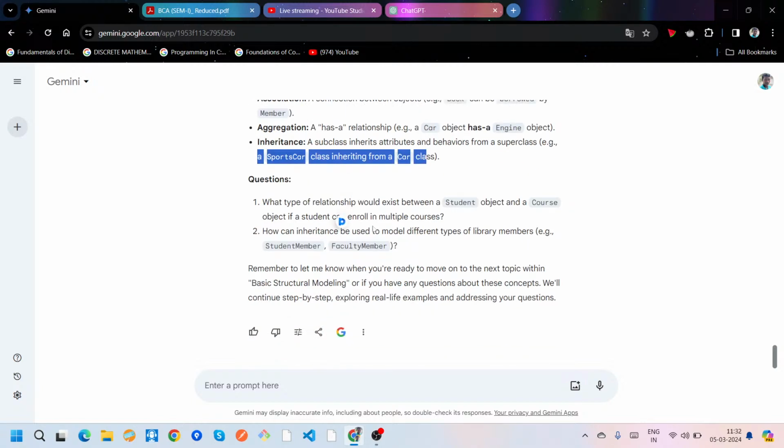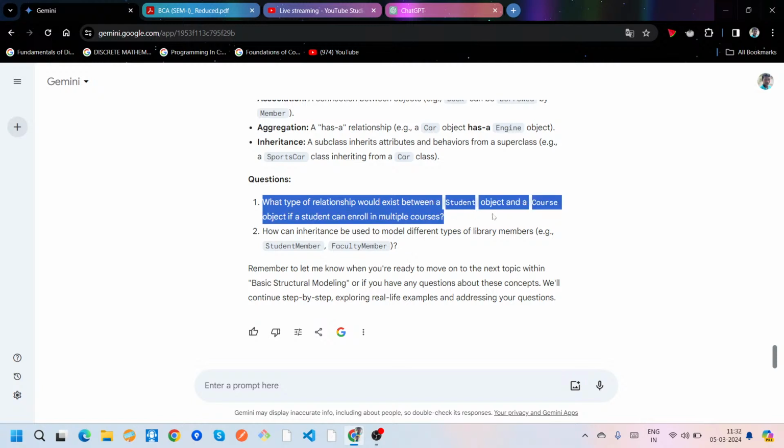This topic also has some questions. The first question is, what type of relationship would exist between a student object and a course object if a student can enroll in multiple courses?